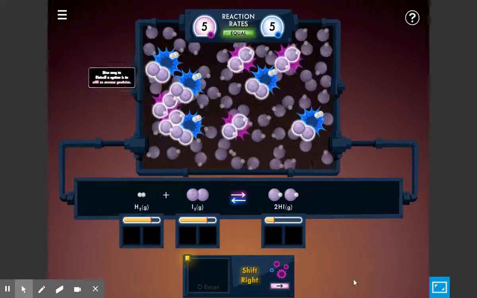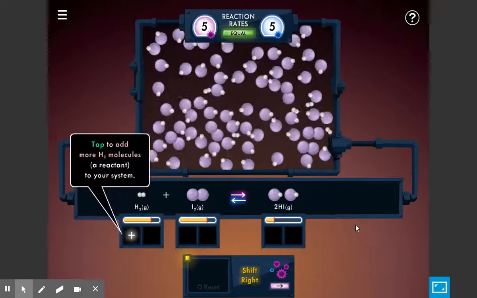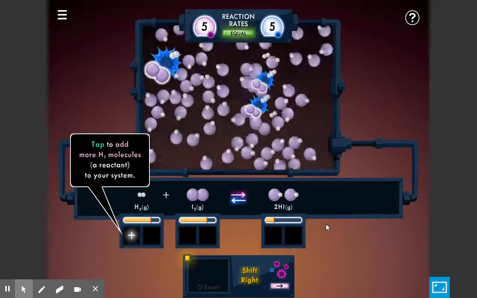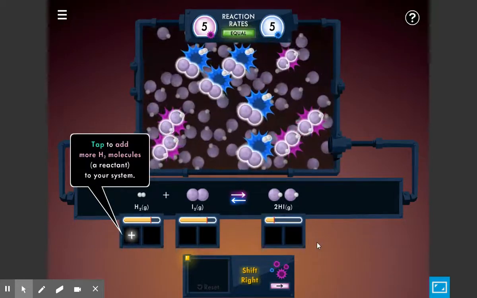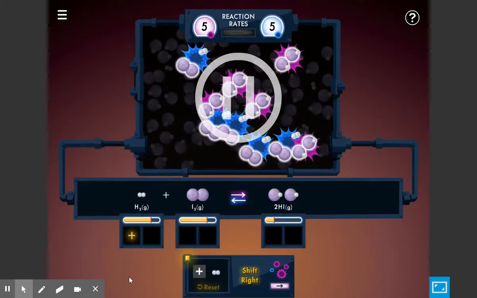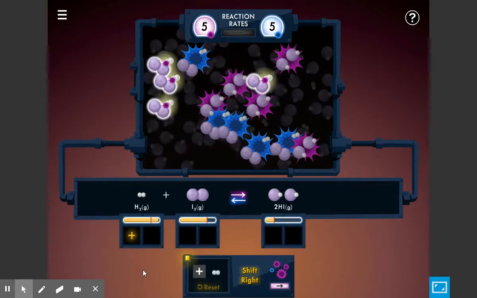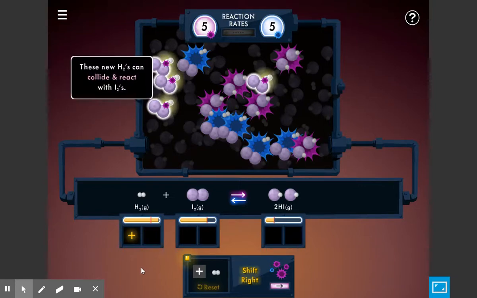So let's disturb our equilibrium by adding particles to our reactant side. It doesn't matter if I increase the H2 or I2 because they are both reactants, so I'm just going to increase one of them. By increasing the amount of H2, I now have the opportunity to create more successful collisions with I2.